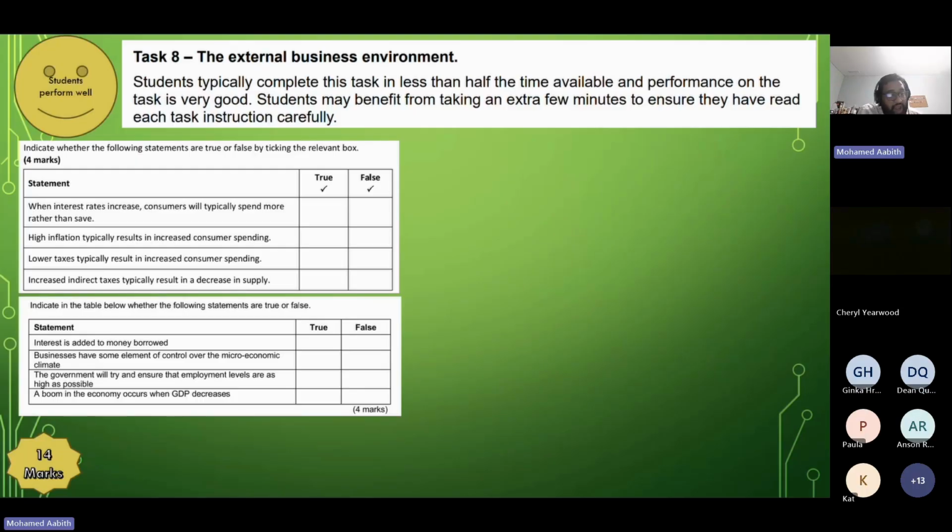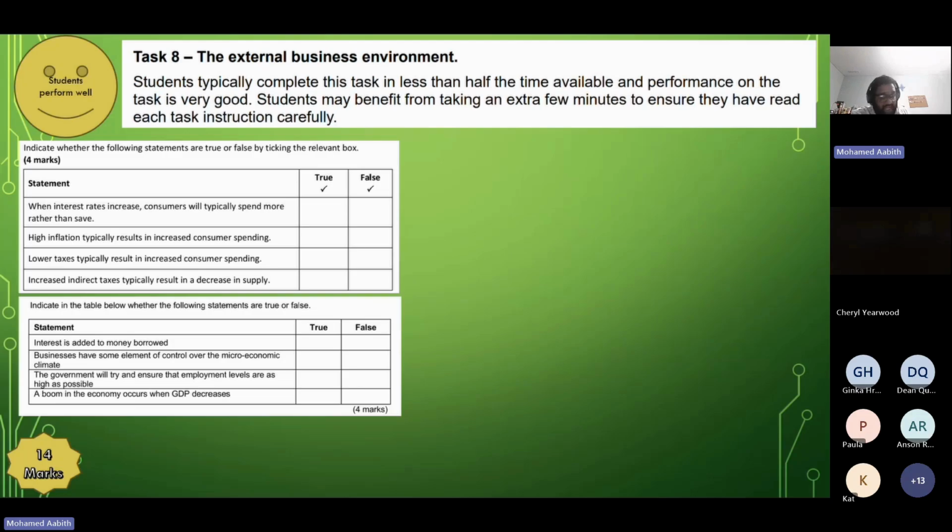The government will try and ensure that employment levels are as high as possible. Absolutely. That is their job. When a government comes into power, one of their key pledges will be reducing unemployment, creating more job opportunities for the people and the workforce. Of course, that is what they try to do.